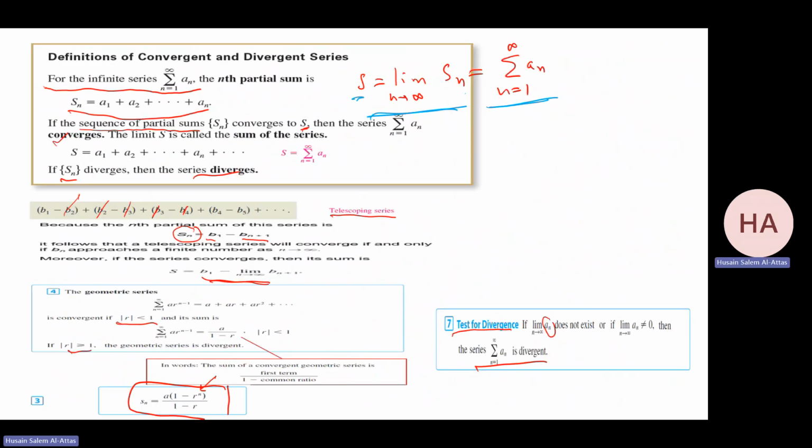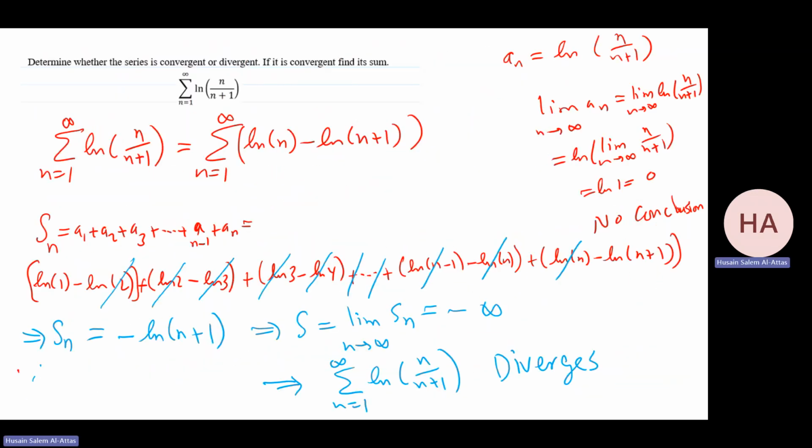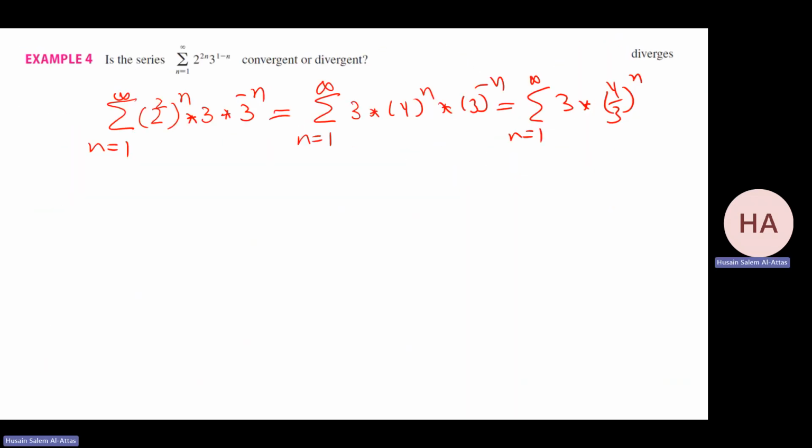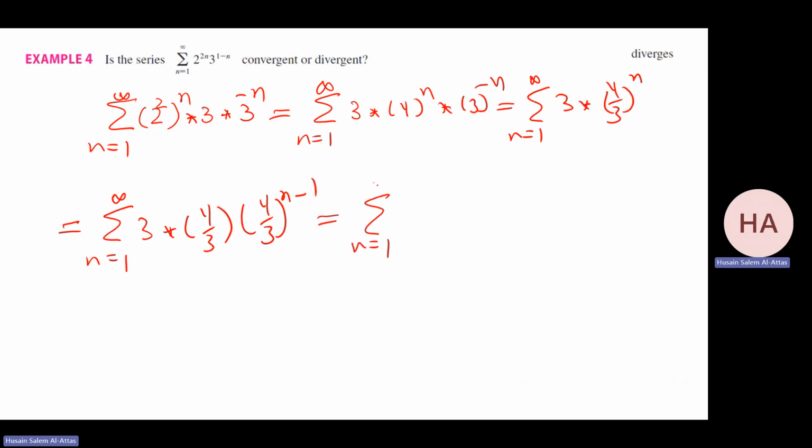If you remember the form, this is the form. So n equal 1, I have A, I have R to the power n minus 1. I can do this. To be in the same format, I have summation n equal 1 to infinity, 3 times 4 over 3 times 4 over 3 to the power n minus 1.